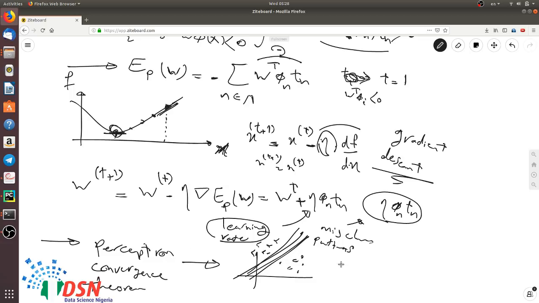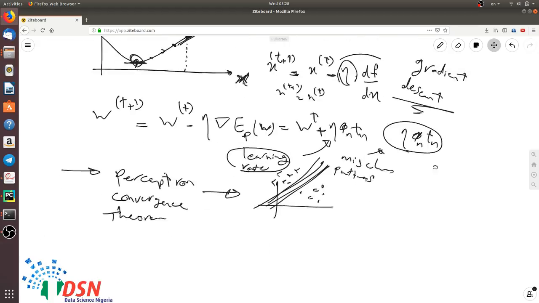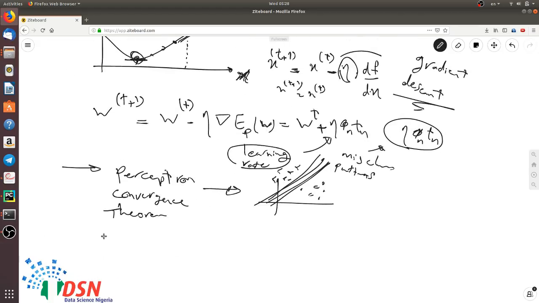And if there is an exact solution, then the Perceptron algorithm could reach that solution in finite steps.